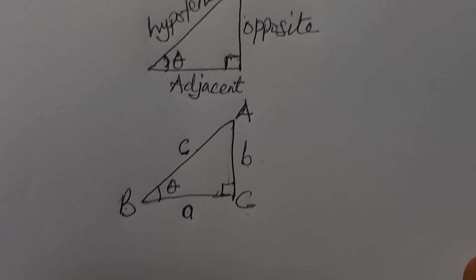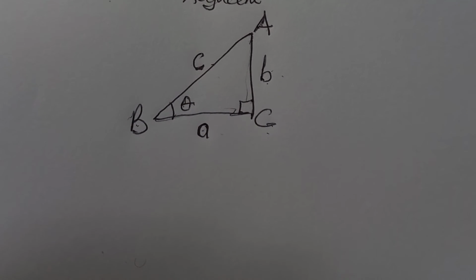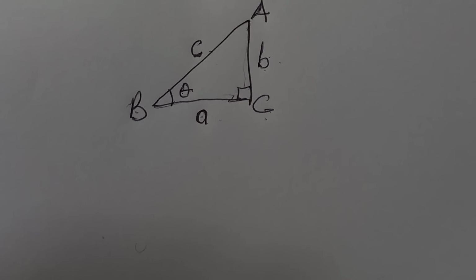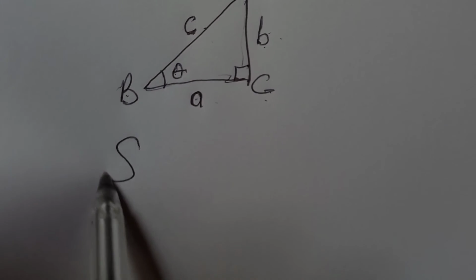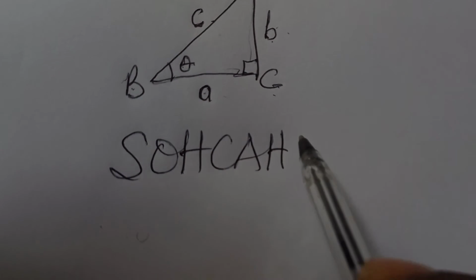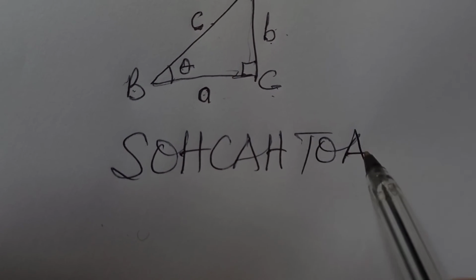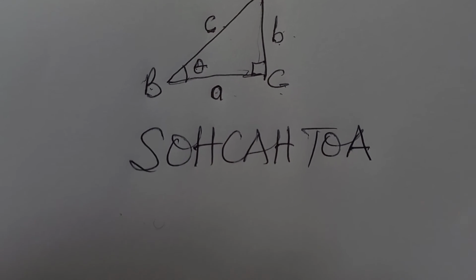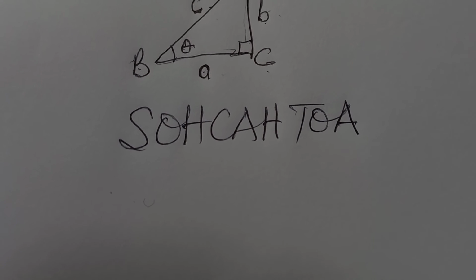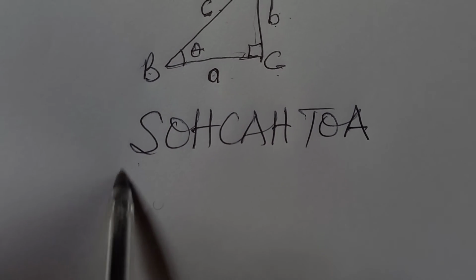Okay, so we usually remember the sides of this triangle, the ratios of the sides of this right angle triangle, with an acronym called SOHCAHTOA. This will help us to define the ratios of these trigonometrical identities. All right. So the first we have here is sine theta.